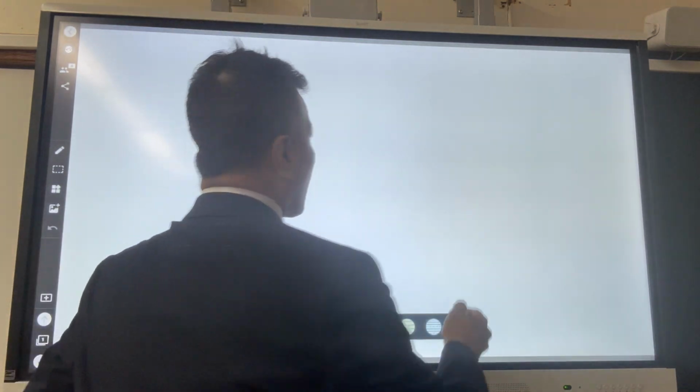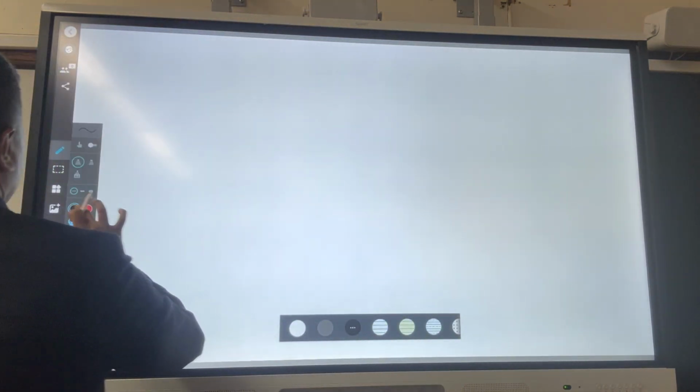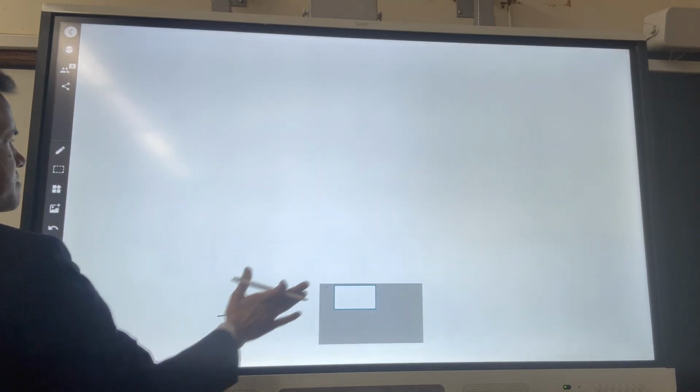So this is scenario 1. Let's zoom in. Okay, so let's start scenario 1. Scenario 1, dividing it to 3 sections.